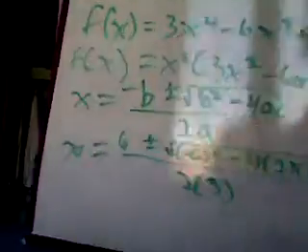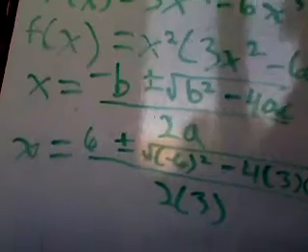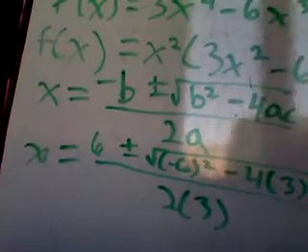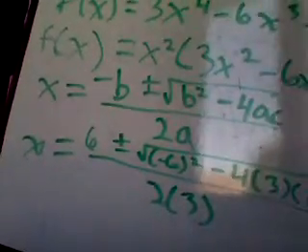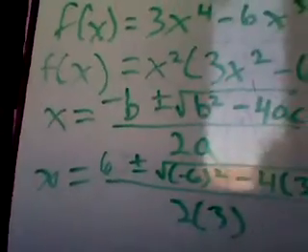Okay, and you will get this. Above is what the quadratic formula is, and below it is the plugged in values from the quadratic 3x squared minus 6x plus 1.